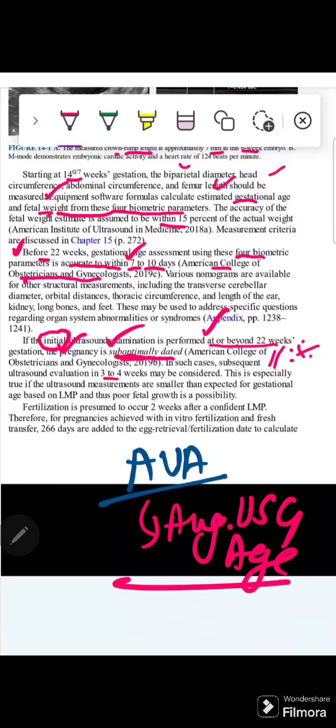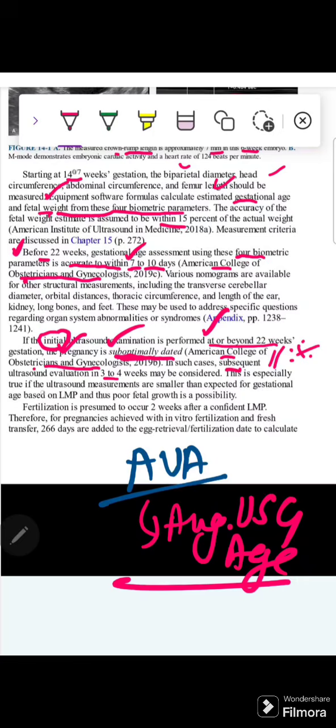Because always remember, the earlier the scan, the better the accuracy. So you can see, as the gestational age passes, the discrepancy is increasing. So if she has done it after 22 weeks, it's a suboptimally dated scan as recommended by the ACOG.